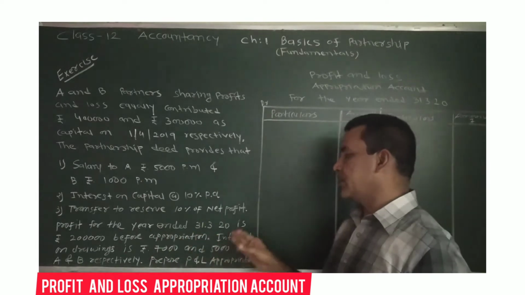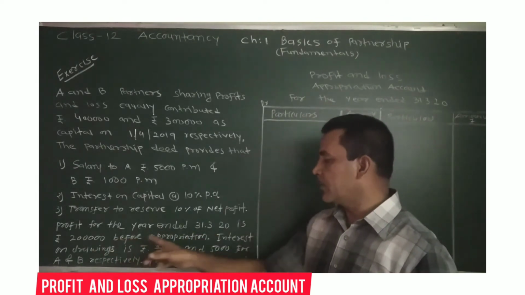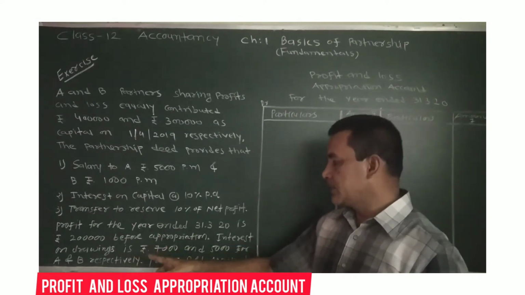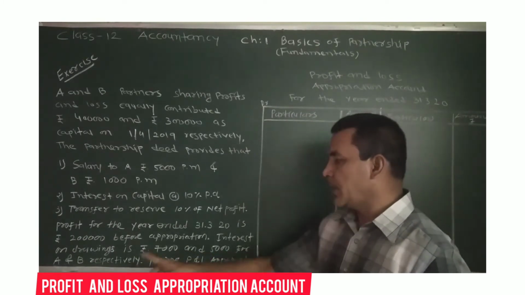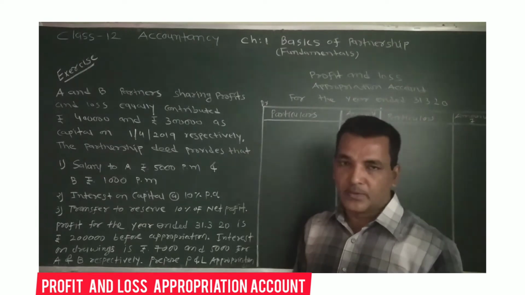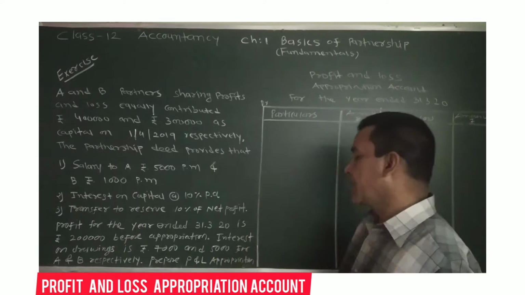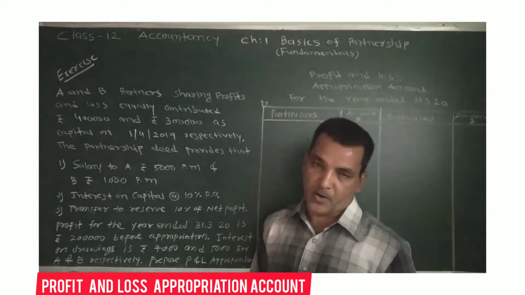Profit for the year ended 31st March 2020 is rupees 2 lakh before appropriation. Interest on drawing is rupees 7,000 and rupees 5,000 for A and B respectively. So interest on drawing is ready-made given to you. Net profit is given as rupees 2 lakh, and it is asked to prepare profit and loss appropriation account.